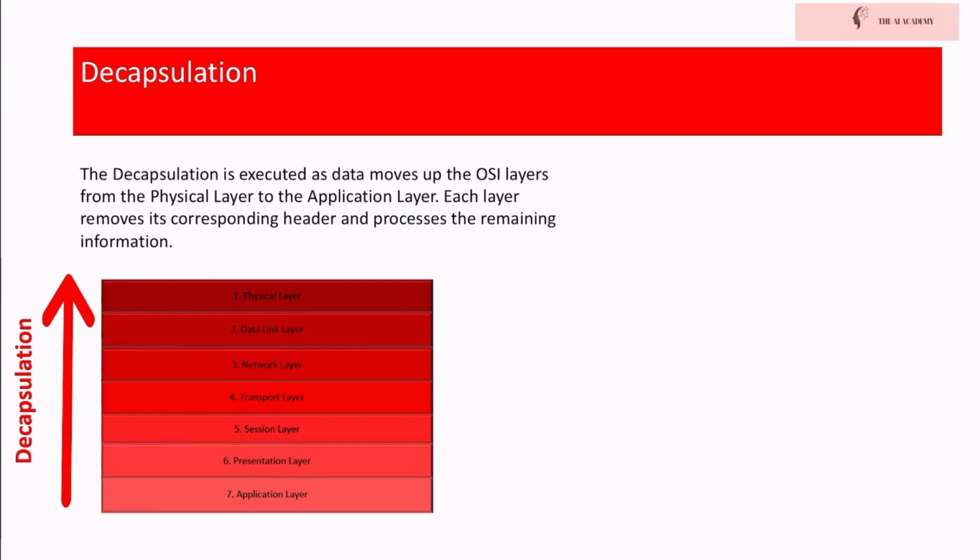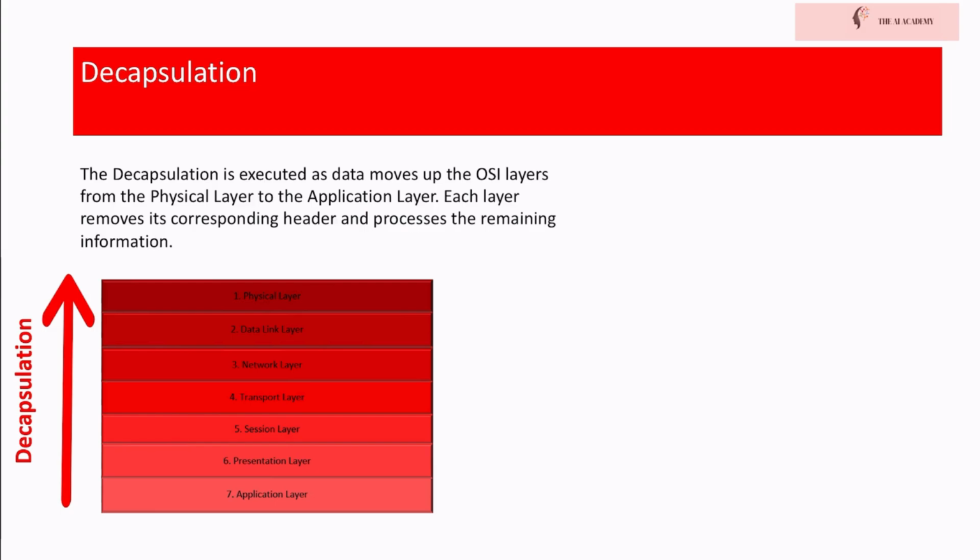The transport layer reassembles the segments into complete messages or data streams, removing the transport header, and passes the data to the session layer. The session layer synchronizes and reassembles the data streams, removing the session header, and forwards the data to the presentation layer. The presentation layer decrypts or formats the data as needed, removing the presentation header, and passes the data to the application layer.